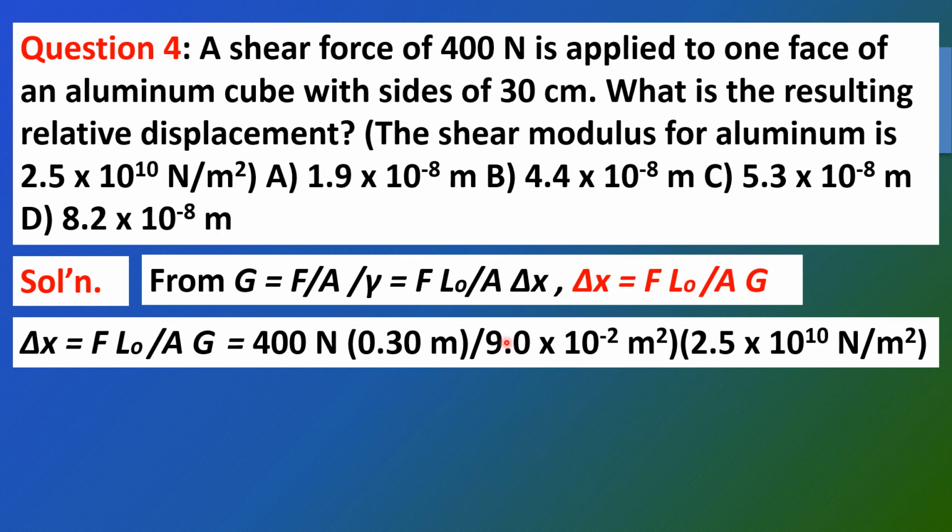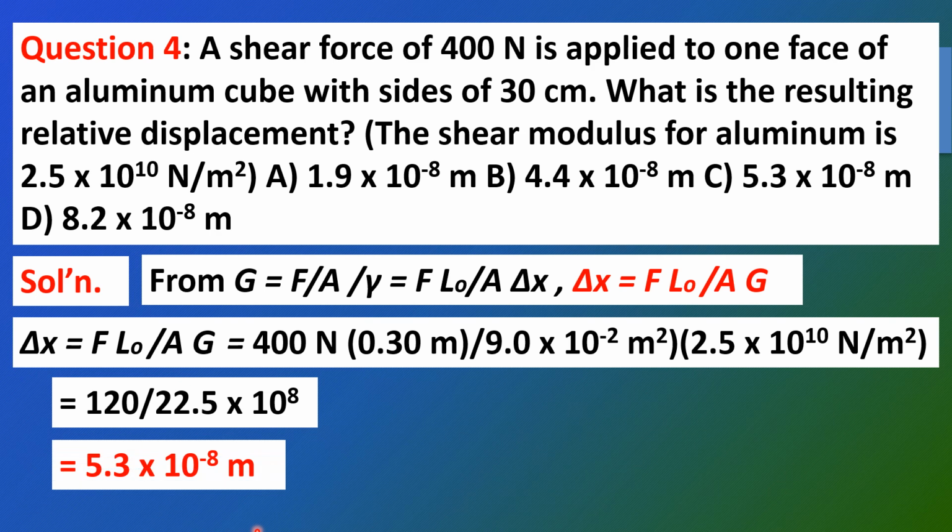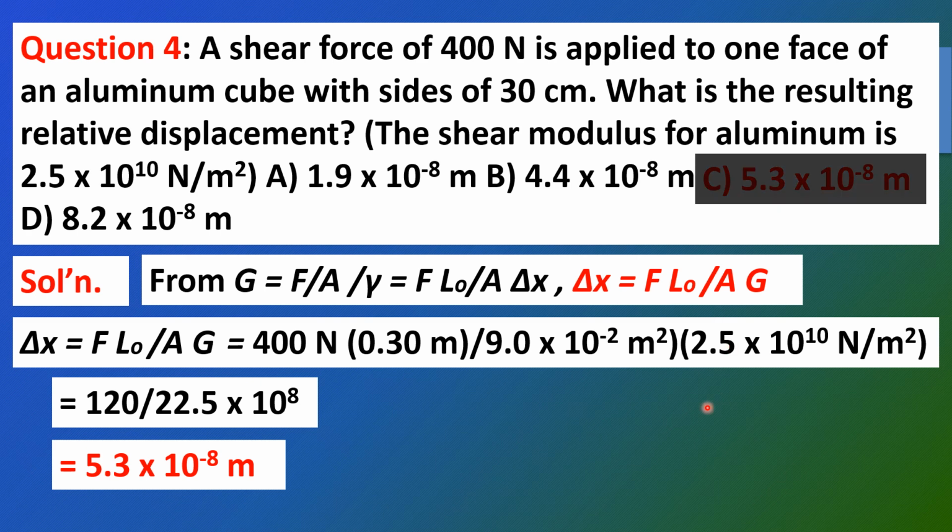As usual, doing our math with all the units expressed in the SI system, we will arrive at the value for the relative displacement delta X, which is equal to 5.3 times 10 to the negative 8 meters. In other words, our answer to the question is letter C, 5.3 times 10 to the negative 8 meters.